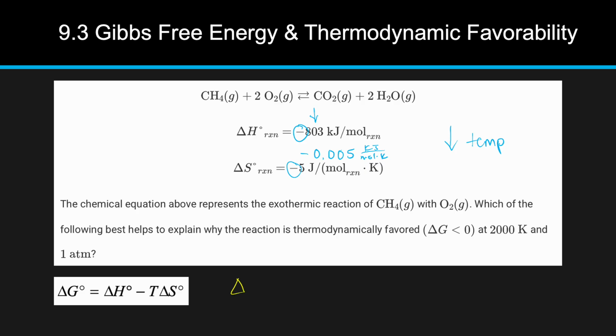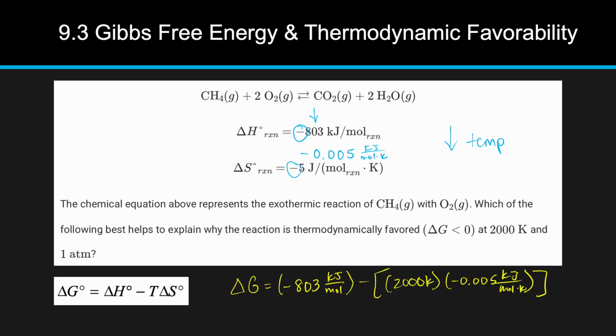So delta G is equal to delta H, which is negative 803 kilojoules per mole, minus our temperature, which is 2000 Kelvin, and our delta S in kilojoules, which would be negative 0.005 kilojoules per mole times Kelvin.